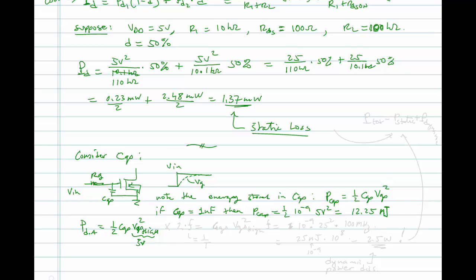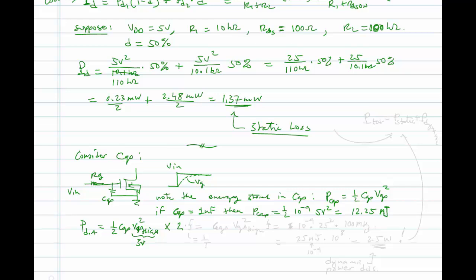So when you charge the capacitor, you're going to burn as much energy in that gate resistance as you store in the gate capacitance, and then of course when Vin goes to 0, you're going to discharge the gate through that resistance, and so the 1/2 CV squared that you've stored will be dissipated. So actually we end up with this expression times 2.